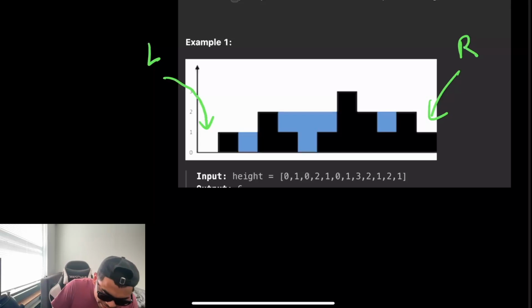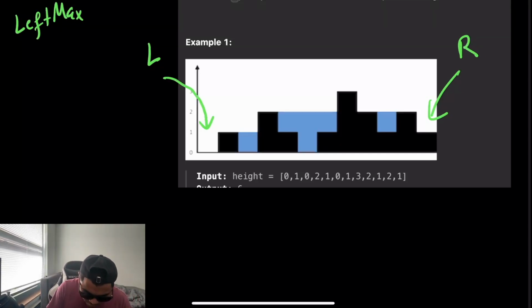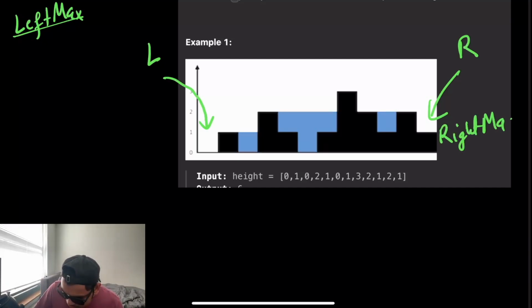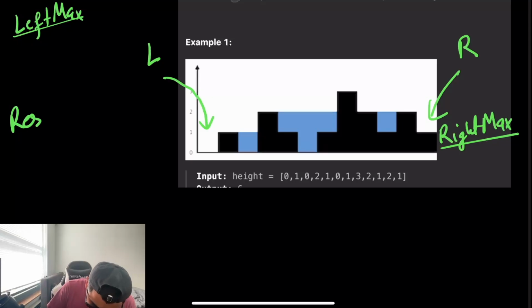Now I'm going to have my left max and my right max. These two variables will help us decide the max that they have seen, or are currently seeing. And then we're going to have our current result, which initially will be 0.